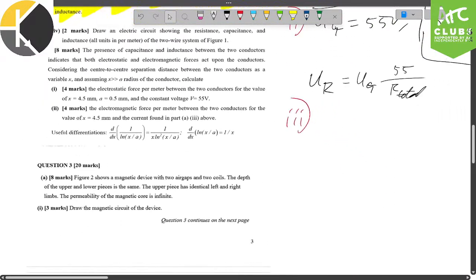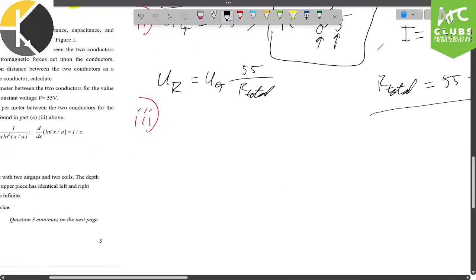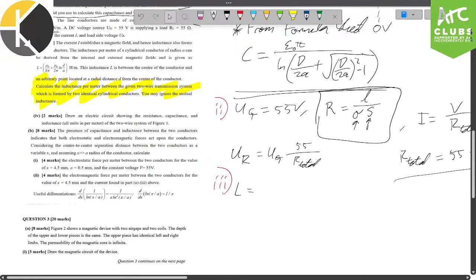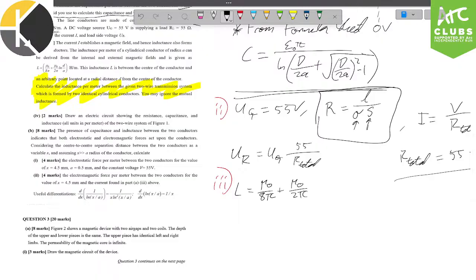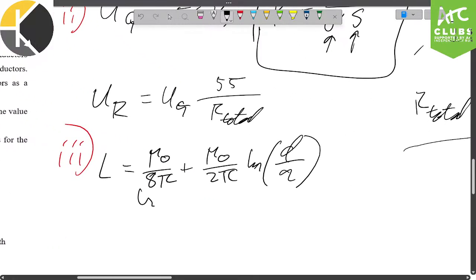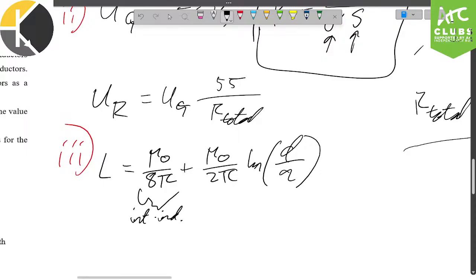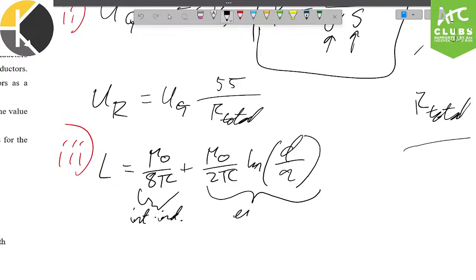So the idea here is we know that the inductance L is going to be given by, I believe it was mu0 on 8 pi plus mu0 on 2 pi times the natural log of d on A. Just generally, this is determining the internal inductance and then your external inductance.